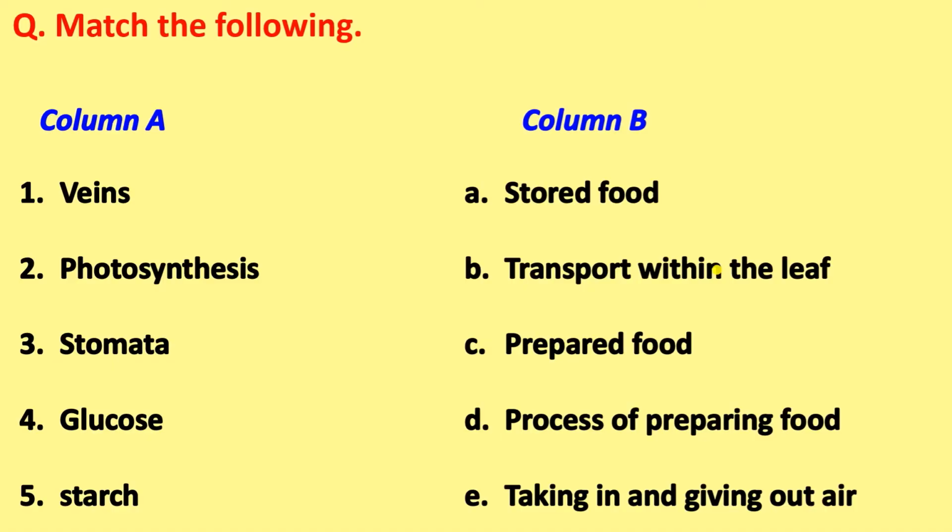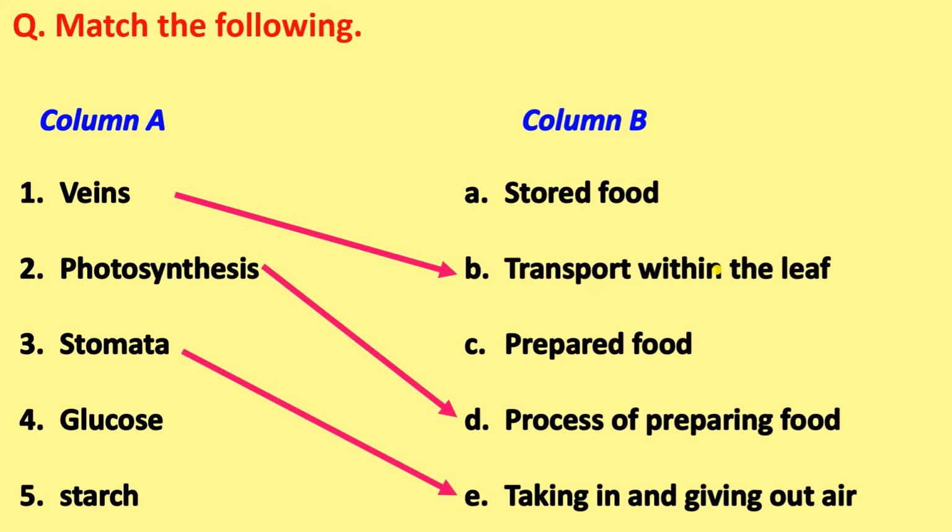Think about your answers. And the answer is veins, transport within the leaf; photosynthesis, process of preparing food; stomata, taking in and giving out air; glucose, prepared food; and starch is stored food.